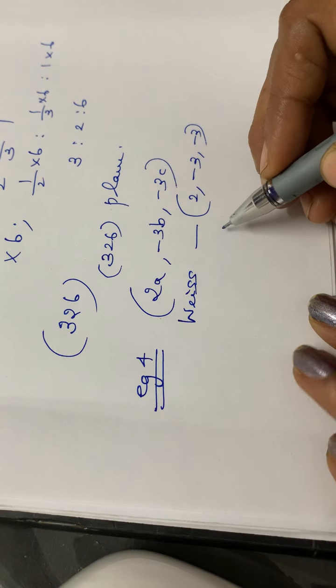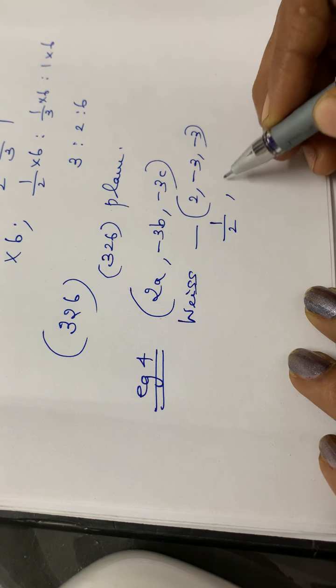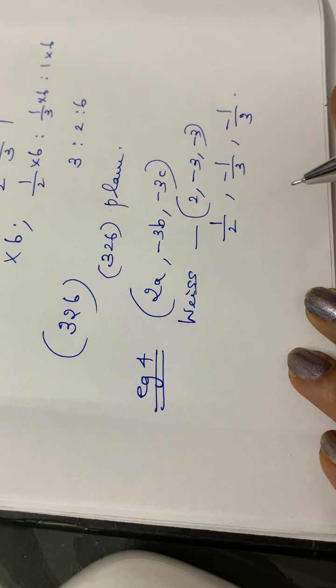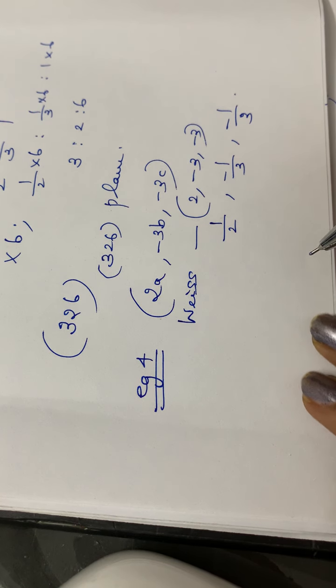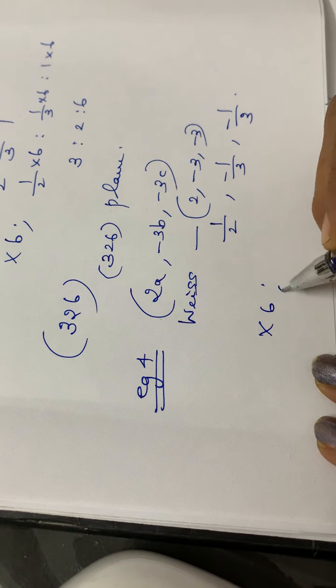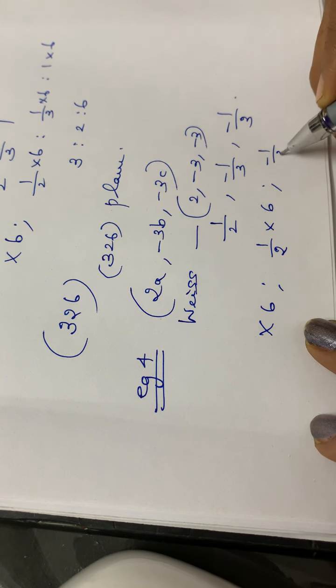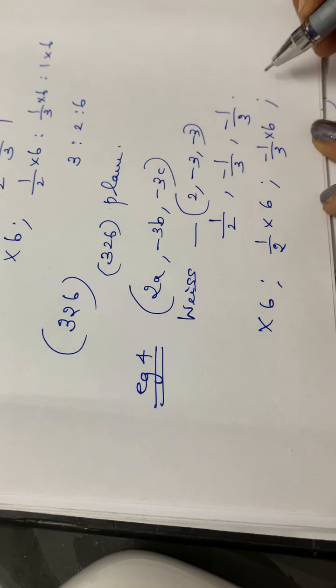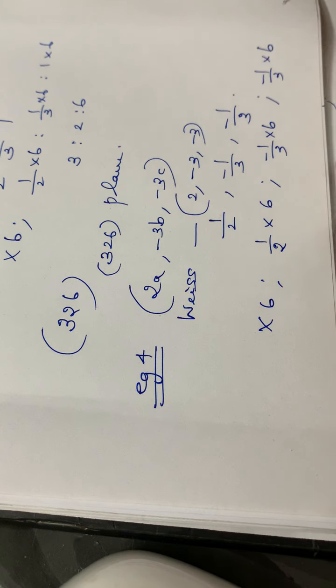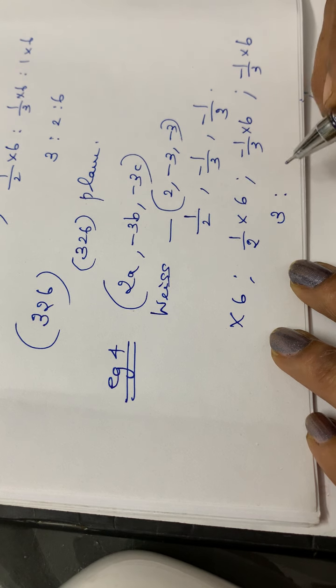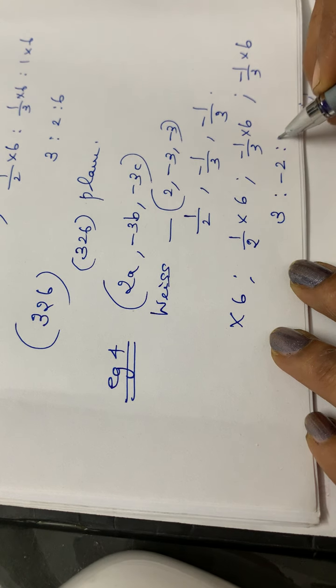Then you have to take the reciprocal, that is 1 by 2, minus 1 by 3, minus 1 by 3. Then you have to take the LCM. Multiplying by 6, we have 1 by 2 into 6, minus 1 by 3 into 6, minus 1 by 3 into 6. So it will become 3, minus 2, minus 2.